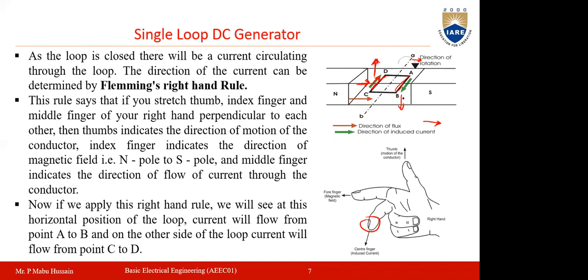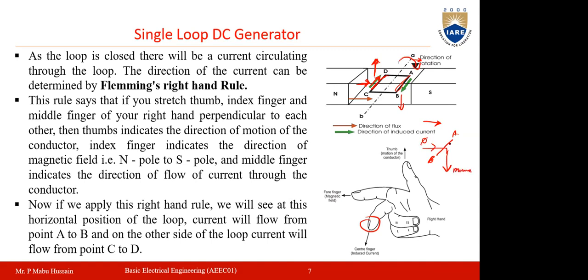Now if you observe the second conductor, AB, it is moving downwards as it is rotating like this. Your flux lines will be in this direction. This is the flux and this is the movement.